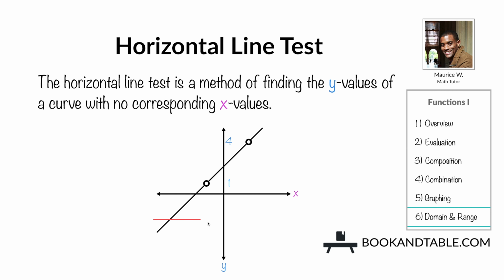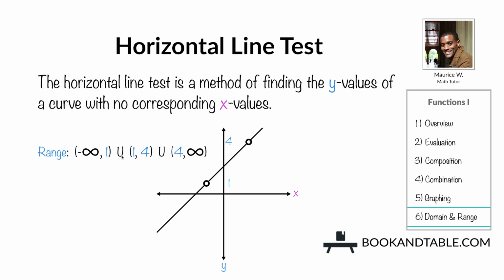But let's say this were our function. Now when we use the horizontal line, we see there is no x value when y is equal to 1. And as we continue, we see there is no x value when y is equal to 4. So the range would be from negative infinity to positive 1 for the first interval. And we have a parenthesis on the right side of number 1, since 1 is not included, since this is empty.